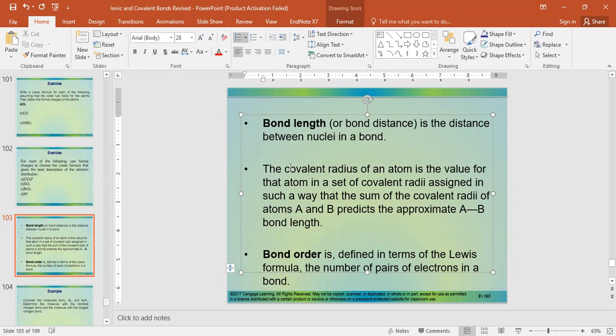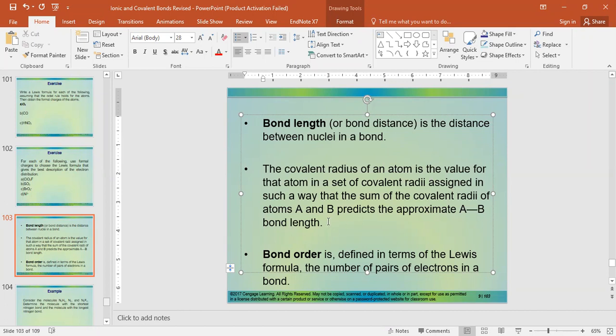So that's why we are saying that the covalent radius of an atom is the value for that atom in a set of covalent radii assigned in such a way that the sum of the covalent radii of the atoms A and B predicts the approximate distance between A and B.